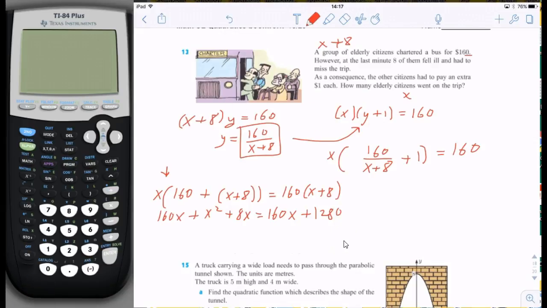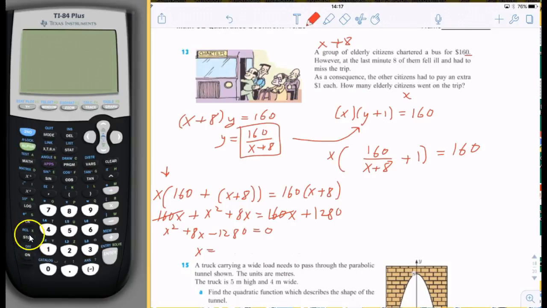Now I'm going to move everything to the left side. I'm going to cross out these 160x's because I'm going to subtract 160x from both sides. I got rid of that. Then I'm left with x squared plus 8x minus 1,280 equals 0. So now there's going to be maybe 2 values for x.